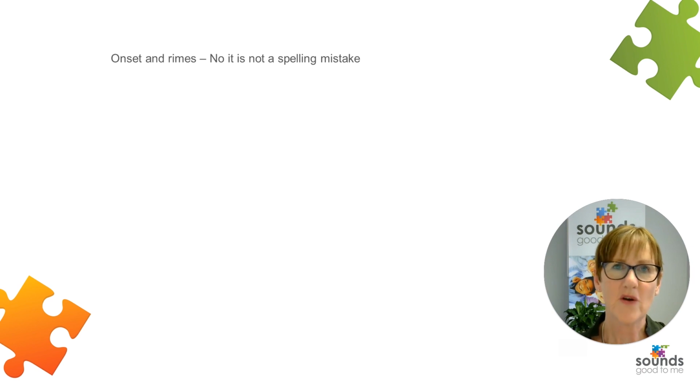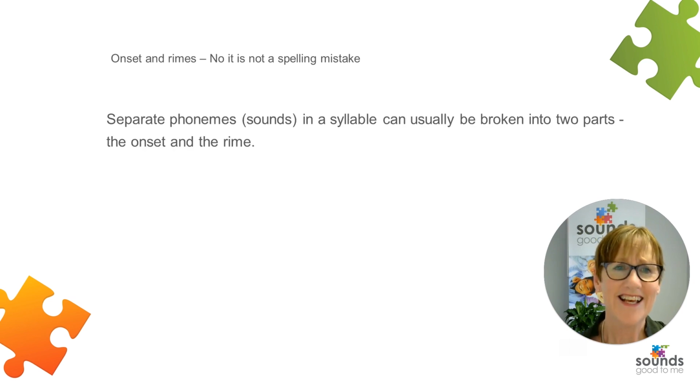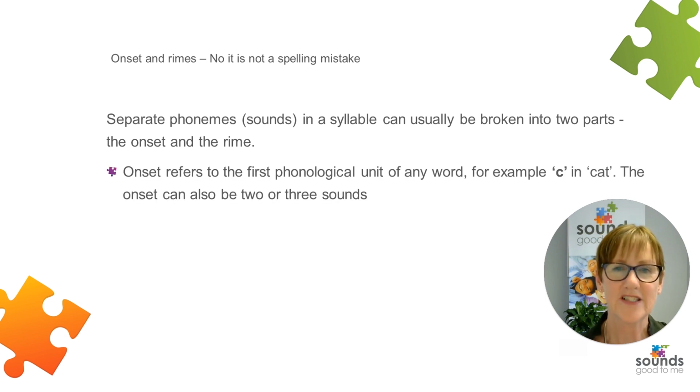I'm going to talk now about onset and rhyme. And no, it's not a spelling mistake, it's a linguistic term. So what is it? So separate phonemes or sounds in a syllable can be broken into two parts, the onset and the rhyme. Let's take a closer look. The onset refers to the first sound unit in a word.